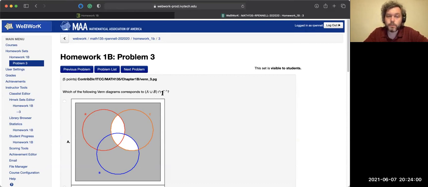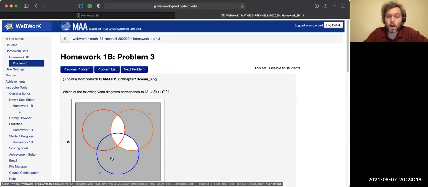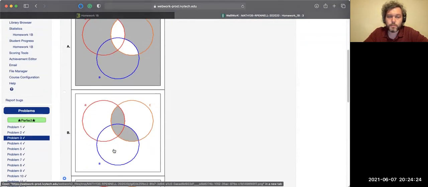And then we want to intersect that with C complement. So what does that have in common with not C? It's kind of like saying A union B minus C. That's what this statement is saying. So we want all of A, all of B, and take away the C parts. We don't want C. Okay, so that would not be true for this part.